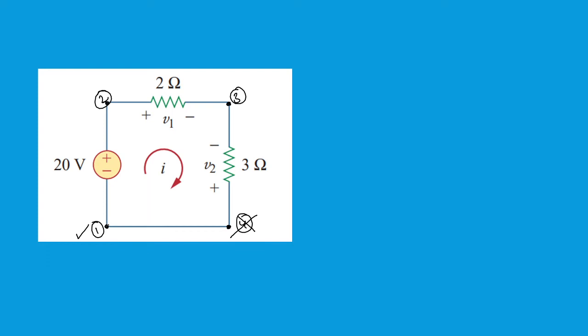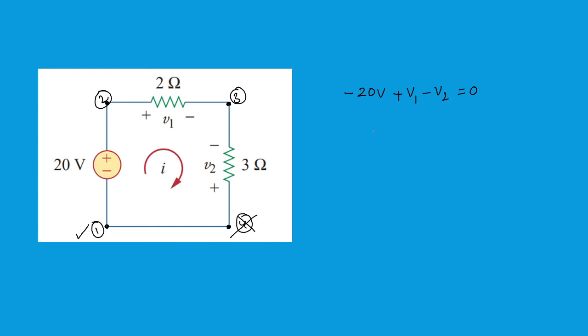So I am starting from node 1. When I am going through this 20 volts voltage source, minus is encountered first, so I can write minus 20 volts, and then here plus to minus, I can write simply plus V1, and here minus is encountered first, so I can simply write minus V2 is equal to 0, because the algebraic sum has to be 0.